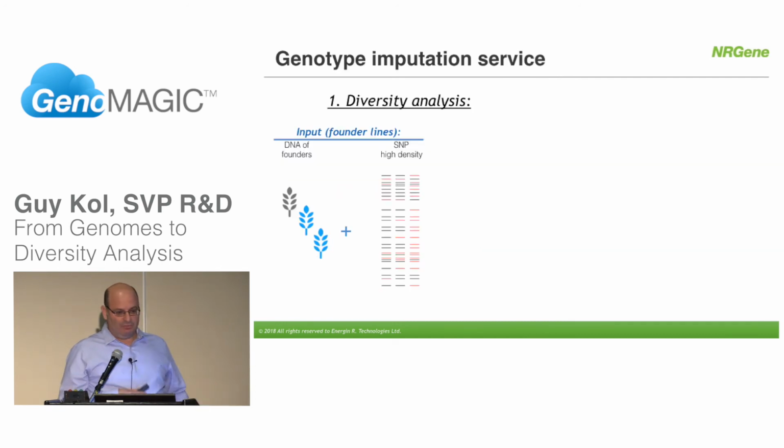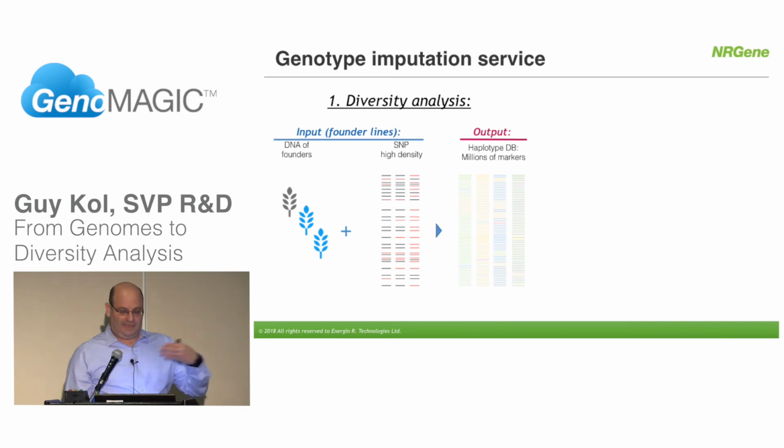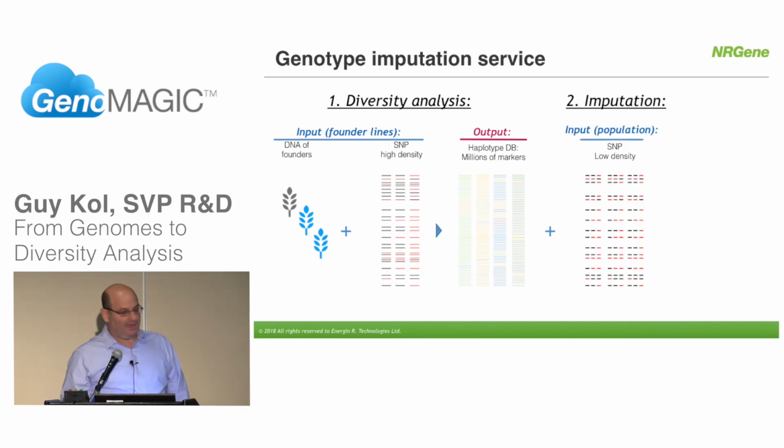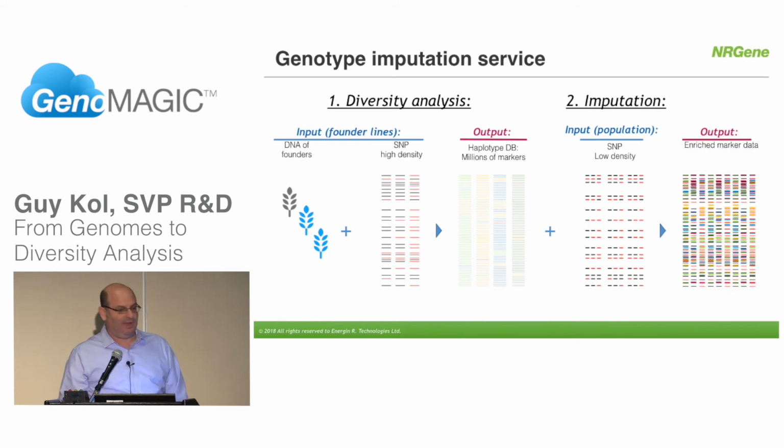What I really want to announce here is that NRGene is going to offer an additional optional service. Starting with DNA, instead of doing what we call assembly or a diversity analysis, we'll impute back from your current genotyping mechanism. We'll compare it back to the haplotype database and end up with haplotype-level genotyping information.